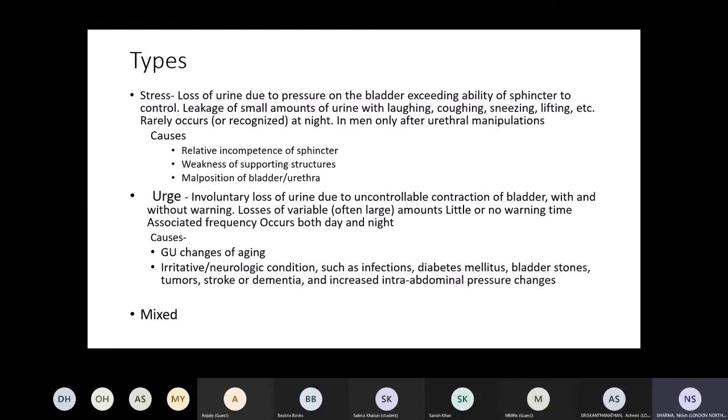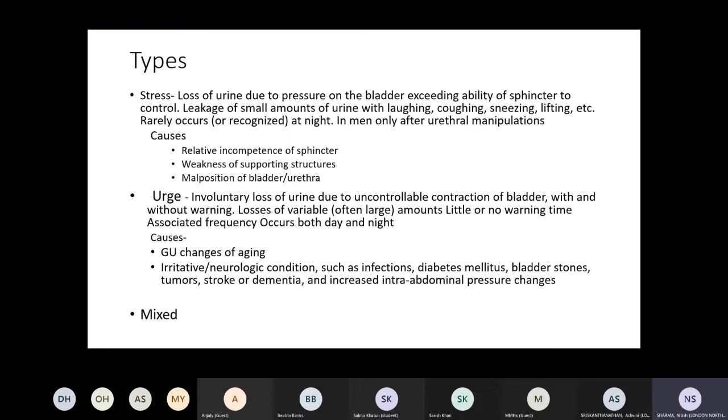What is urge incontinence? Urge incontinence is involuntary loss of urine because of uncontrollable contraction of the bladder, with or without warning, but stress is always with warning, which means with laughing or coughing or sneezing. Urge incontinence could happen anytime, and loses variable amounts.